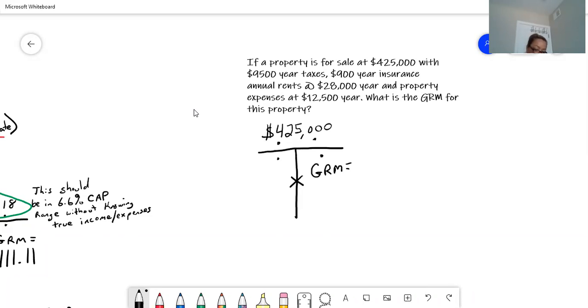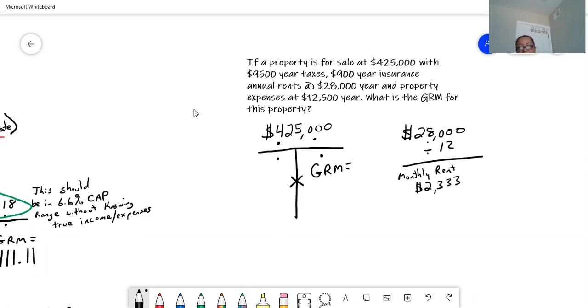We take the annual $28,000 and divide it by 12 to get the monthly rent, which is $2,333.33.